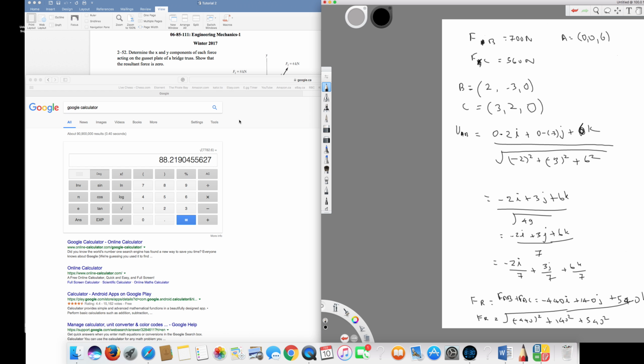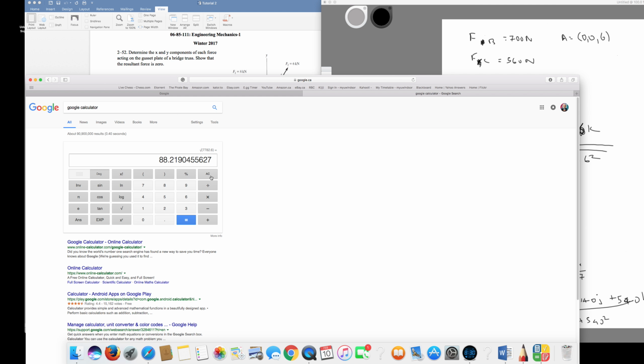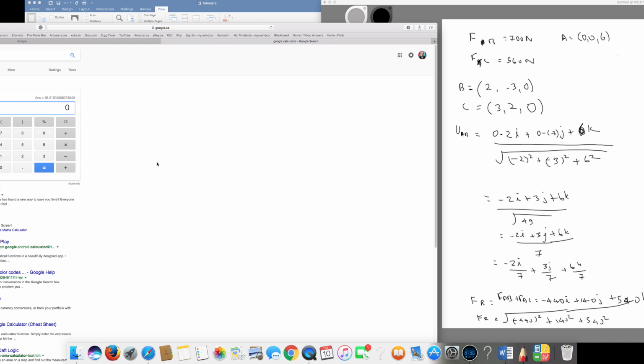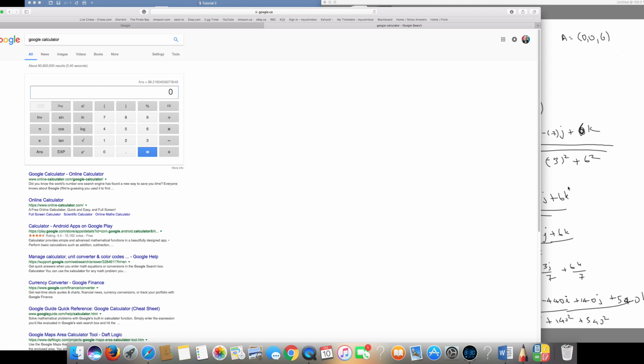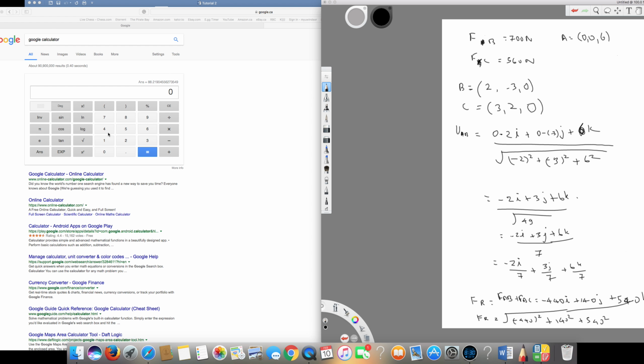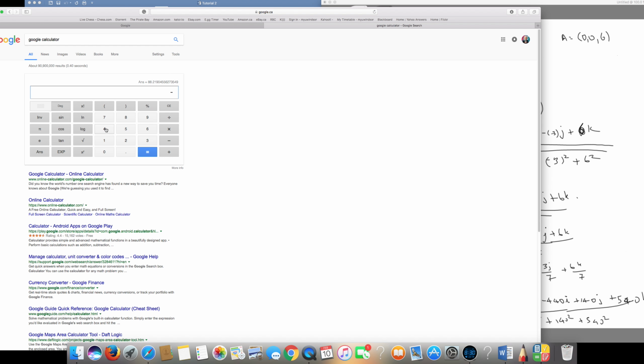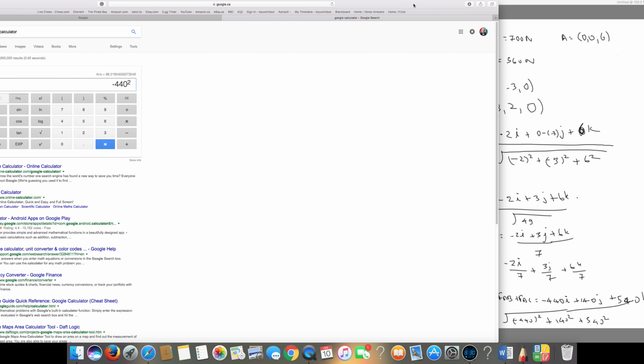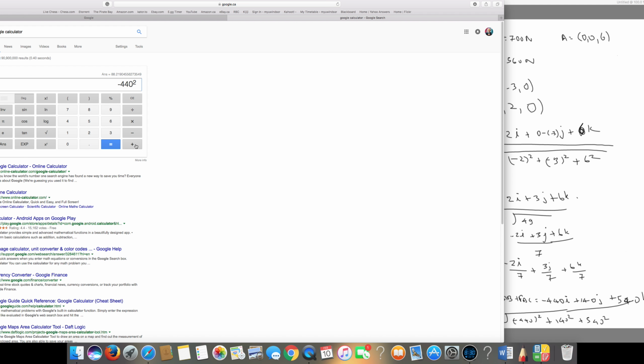I'm using the Google calculator here. So minus 440 squared plus 140 squared plus 540 squared.